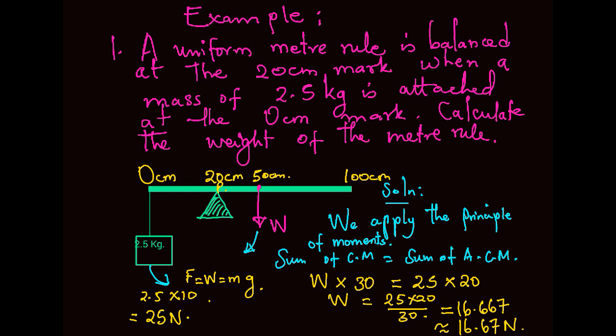Now in this case, it is important to note that we have not converted the distances into their SI units. This is because these distances will cancel out, so that if we have 30 centimeters, we also have 20 centimeters. When we divide, the SI units of length cancel out.